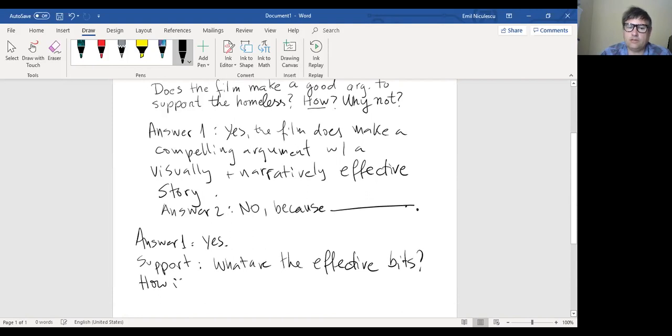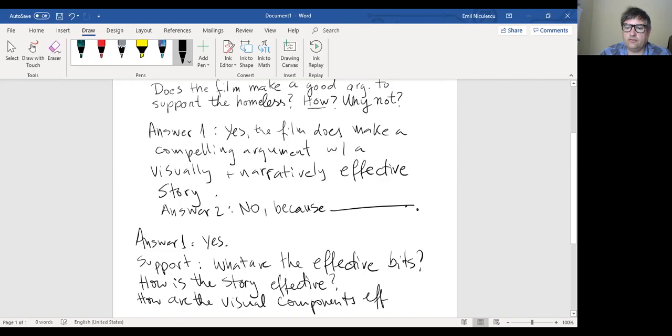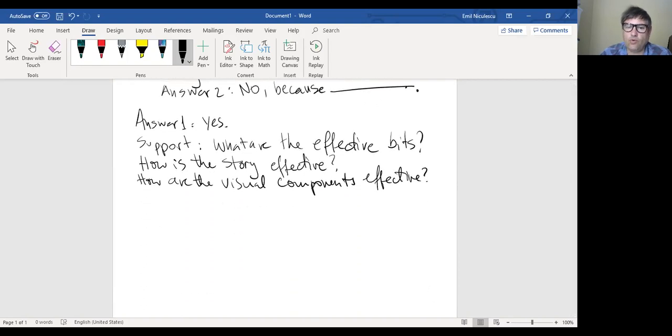How is the story effective? How are the visual components effective? And so we're going to focus on why the story is effective. Why is the story effective?